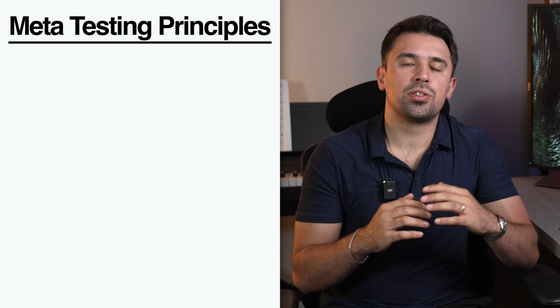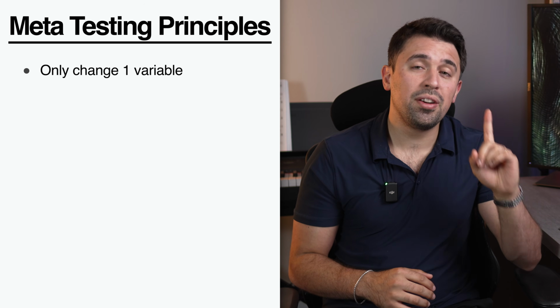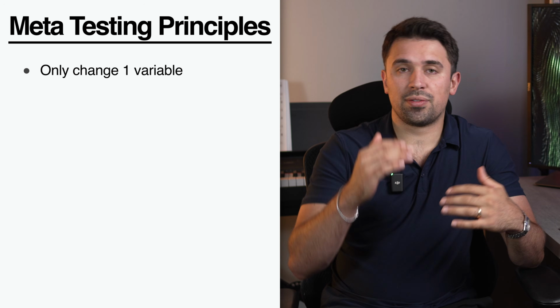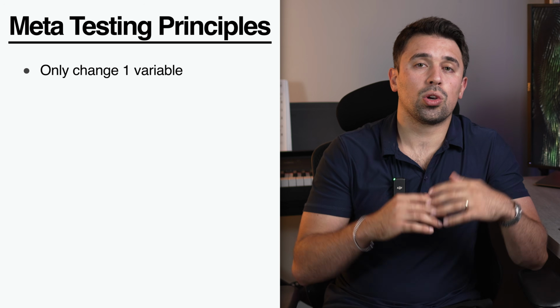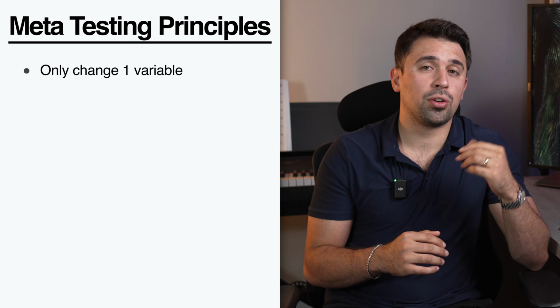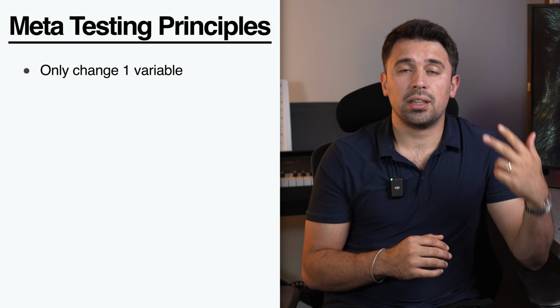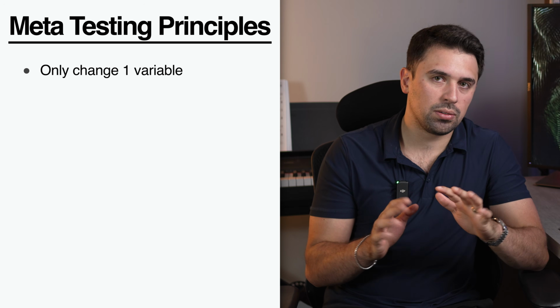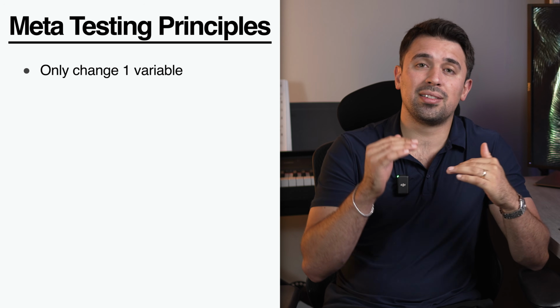So the first core testing principle is to only change one variable at a time. If you're testing audiences across various ad sets, then it's crucial that you keep all the creatives, the copy, the links, the headlines, everything inside those ad sets identical. So the only variable that's changing is the audience.